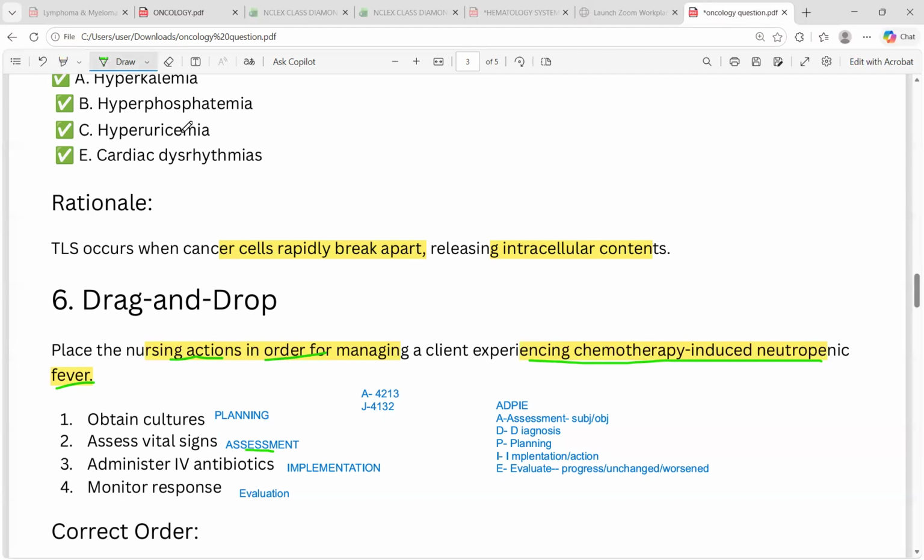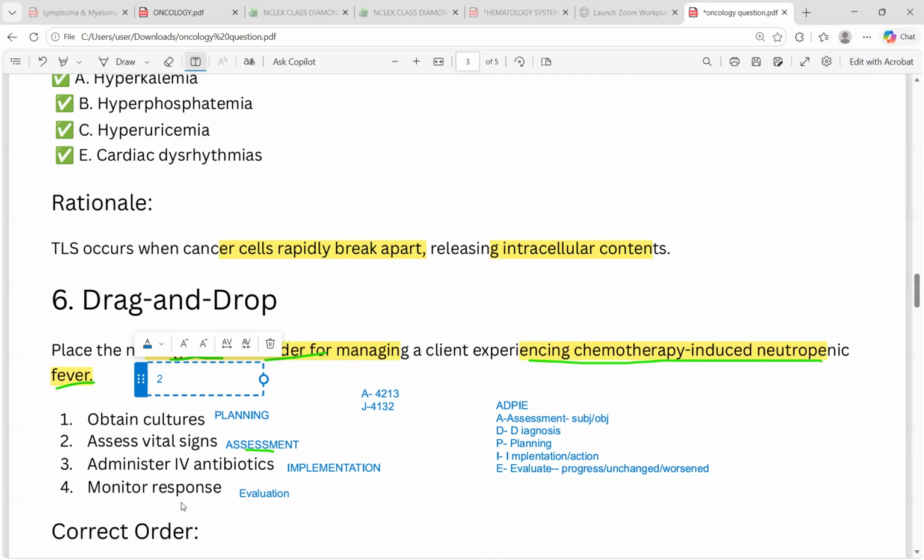Okay, so you just try the answer. Client's response means evaluation. Second one is obtain culture.